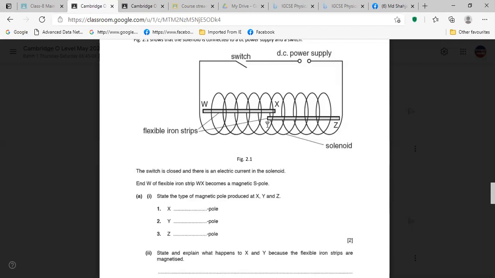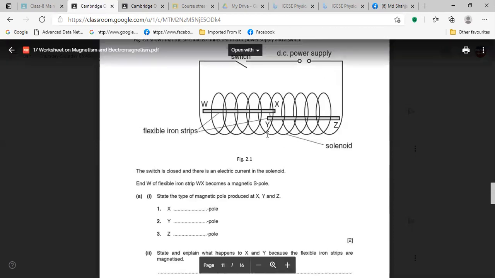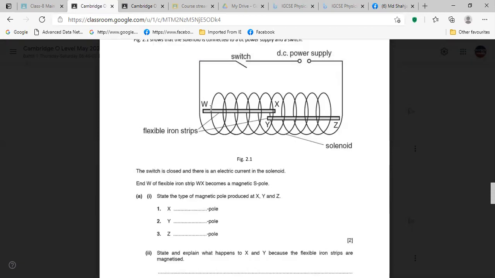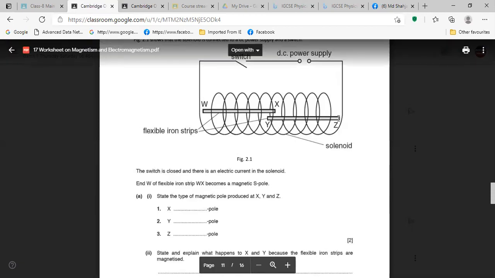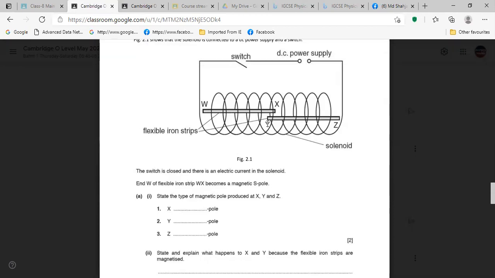Because it's also getting the current in the same direction like the way W is getting, right? For YZ also we will get the left side south pole and the right side north pole. Is it clear, everyone? Yes, sir.